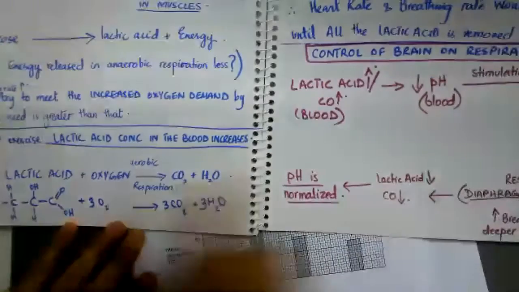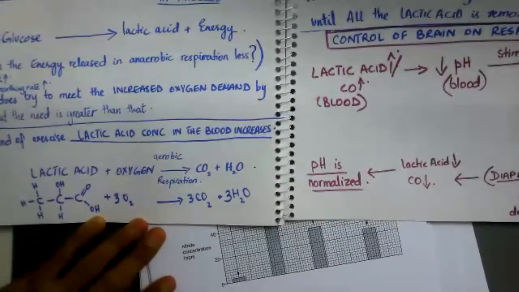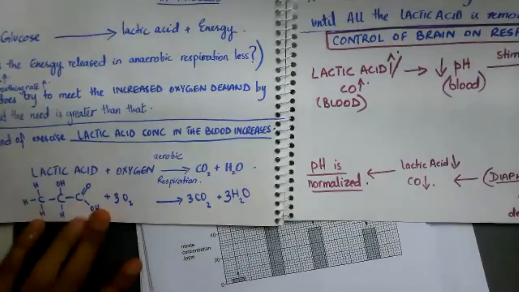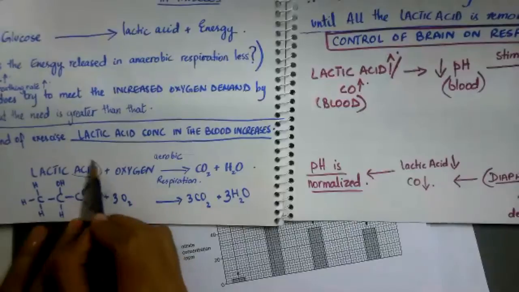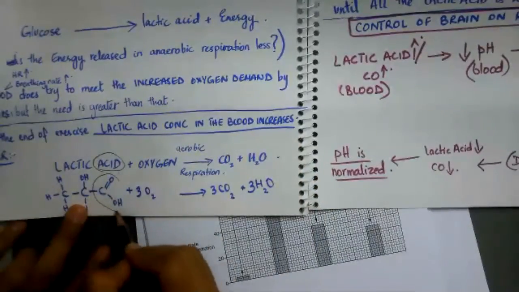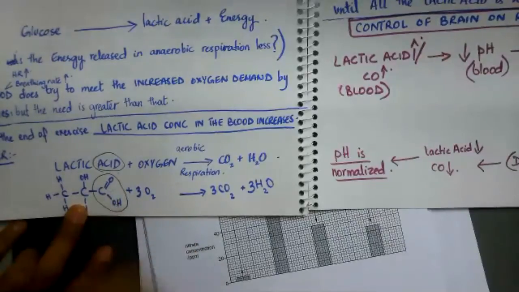Now if this lactic acid is not removed from the blood, of course, as you can see, this is an acid. Remember this group, this is called a carboxyl group.